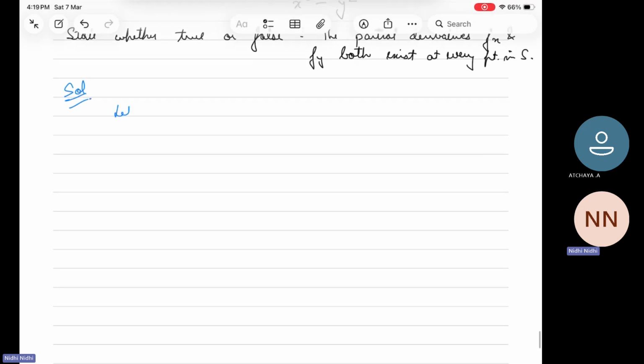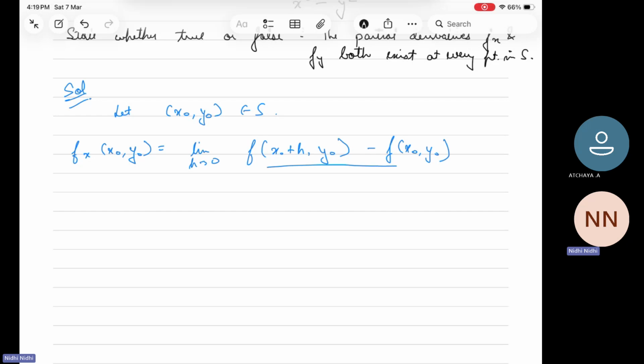So we start with some arbitrary point x naught, y naught in S. Let's see whether the partial derivative with respect to x exists at point x naught. By definition, fx at x naught, y naught is equal to limit h tending to 0 of f at x naught plus h comma y naught minus f at x naught, y naught upon h. Now if this limit exists, we can say that the partial derivative exists.